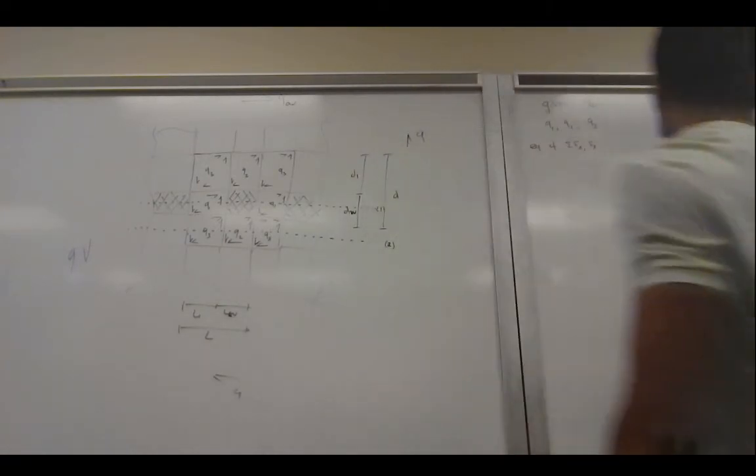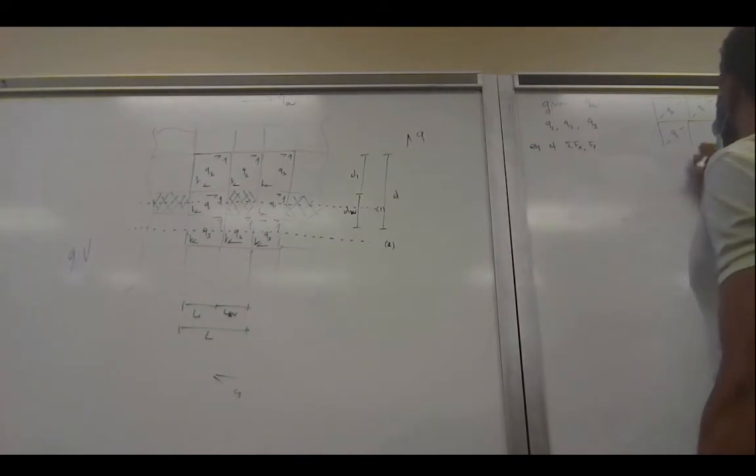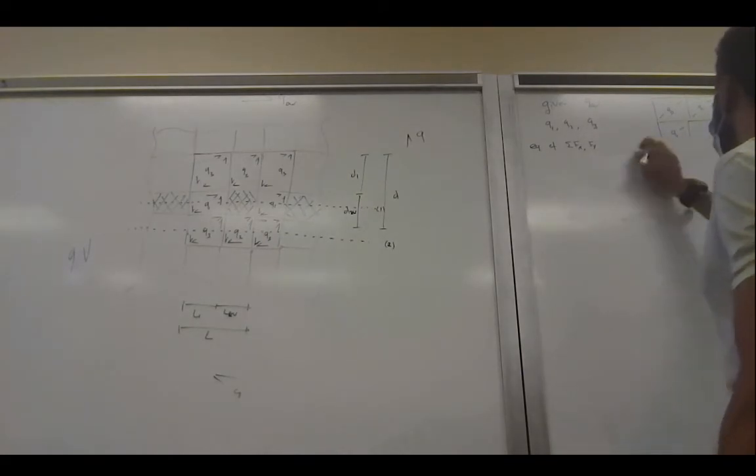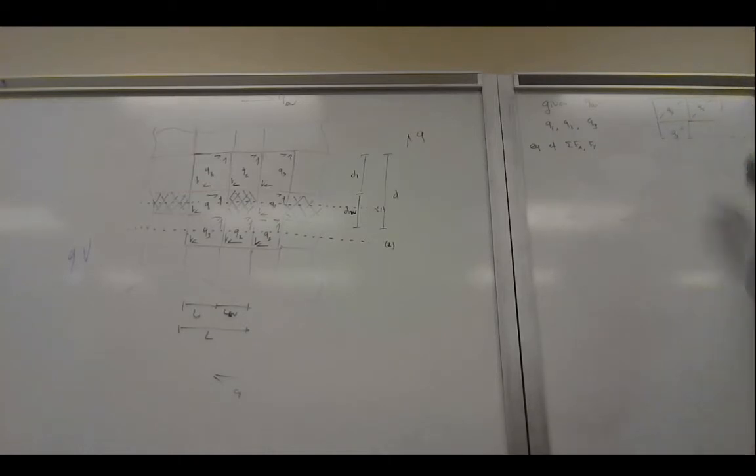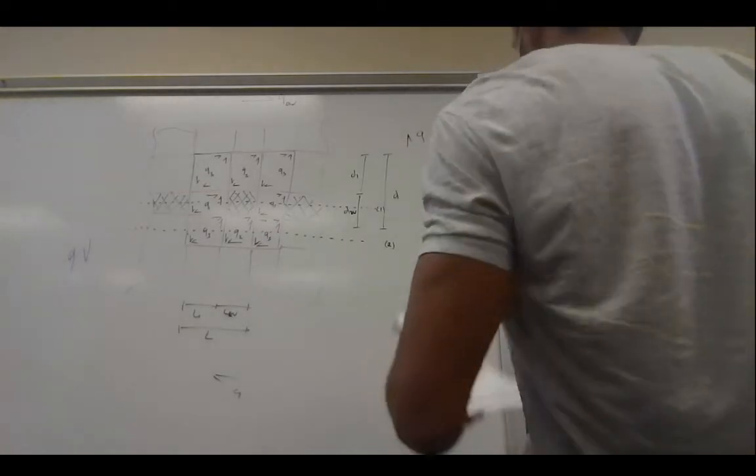So basically we said we take the equilibrium equation, so we said we're going to take it halfway to the cutout. So this is Q1. And we look at the equilibrium equation in that direction.